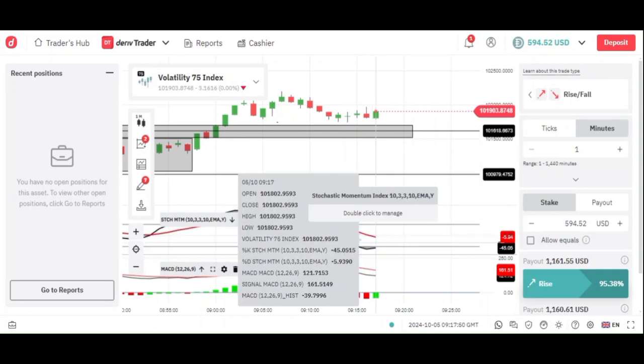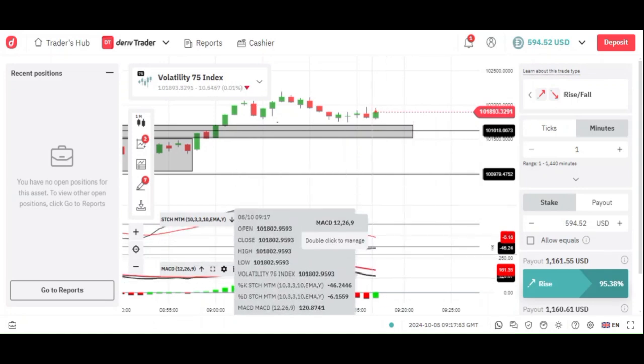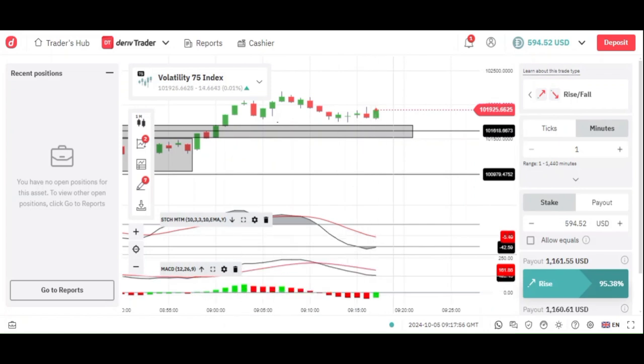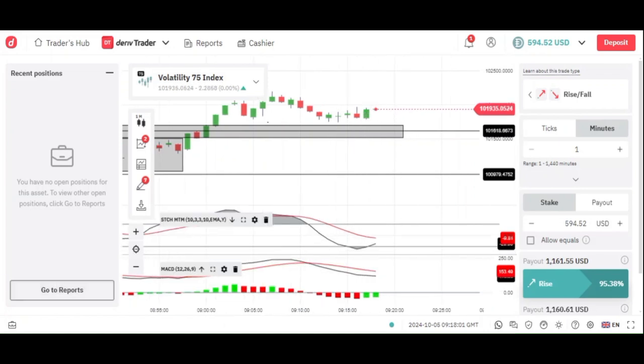If I see the stochastic momentum close, and then the MACD crosses, and the candlesticks being formed have shifted from the downside to the upside, I hope we are together to that point.